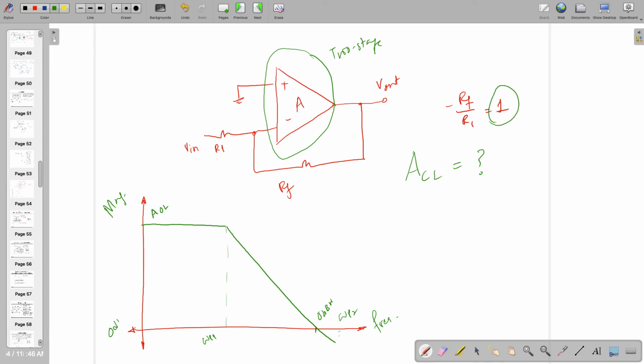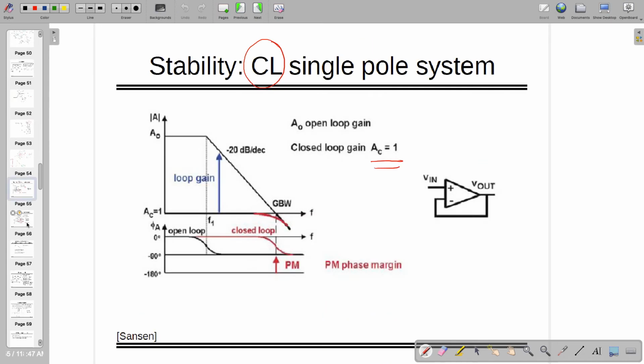So if this is the 0 dB line, it has to be like this, whose bandwidth is exactly equal to the total bandwidth, and it will follow the rest of the poles. But till UGW, closed loop gain is 1 or 0 dB. This depends on how many poles and zeros are there. If there is only one pole, the output looks like this.